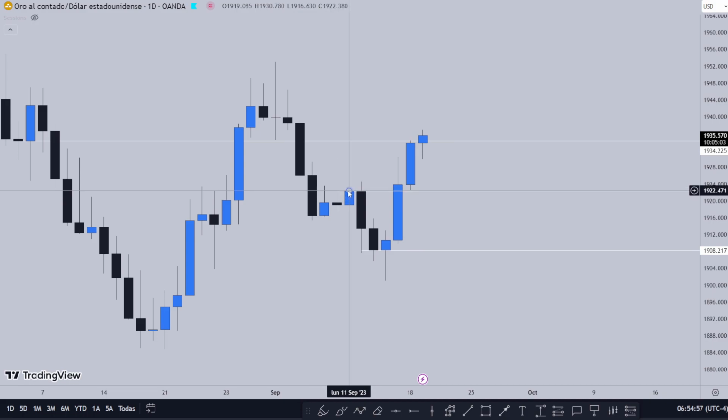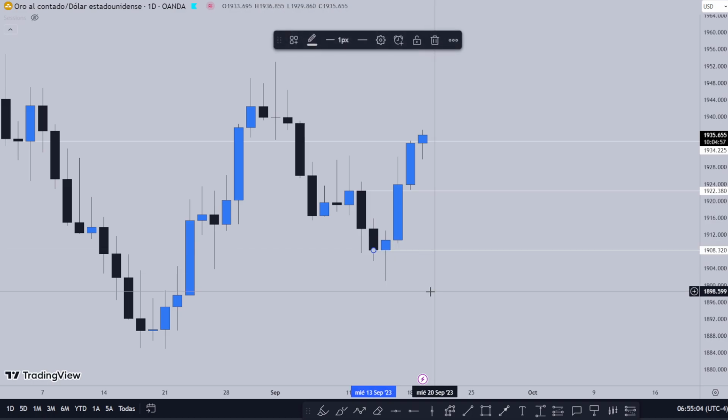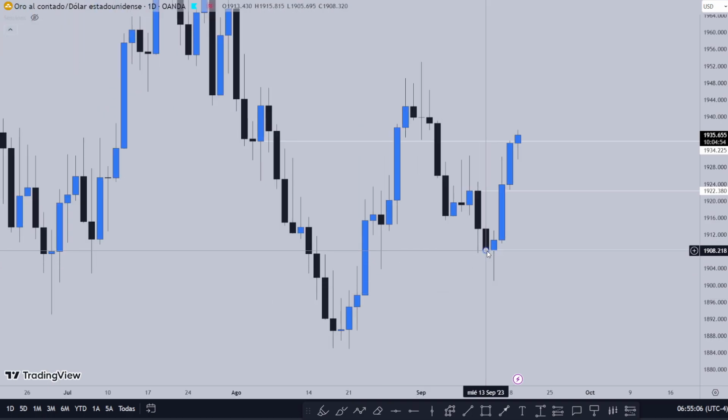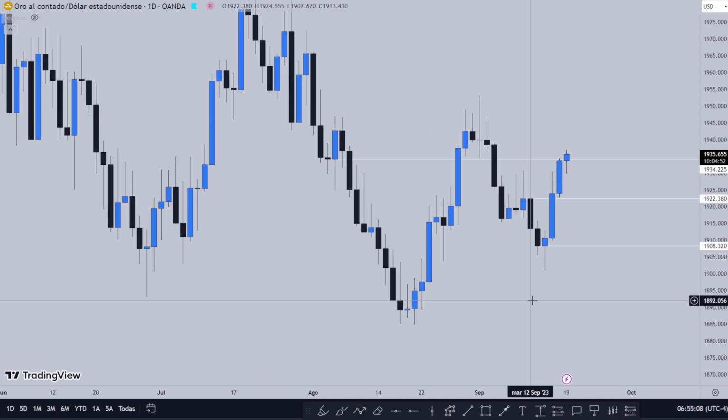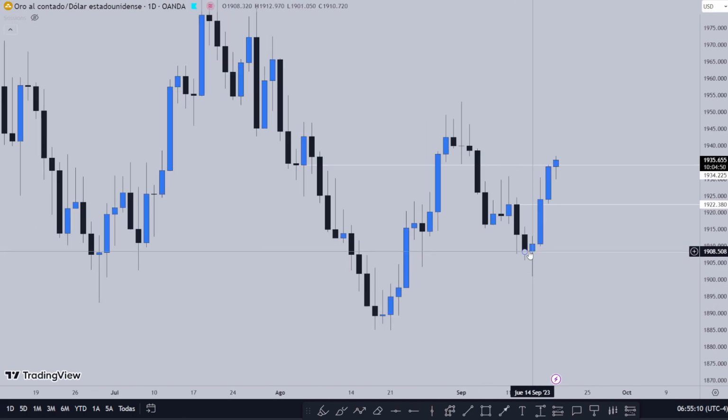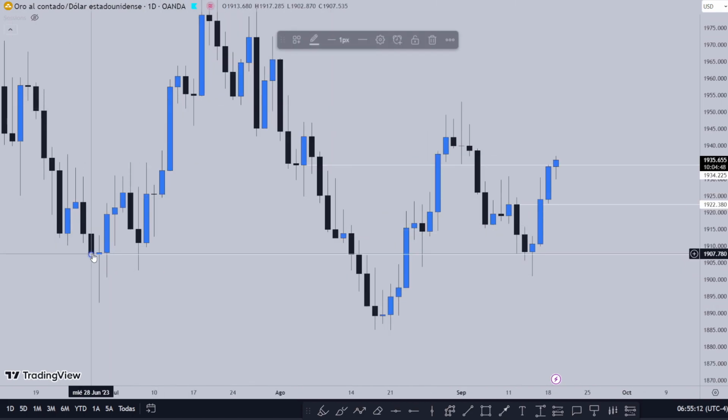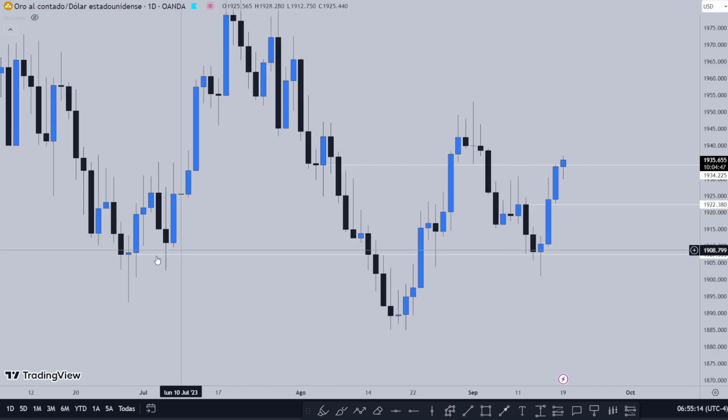So sometimes I mark my levels through the bodies of the candlesticks, like this. Sometimes I look way far to the left and see if there's another level and on the present that respected this specific level.